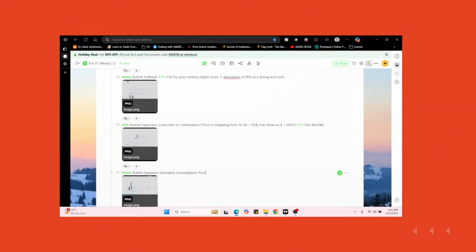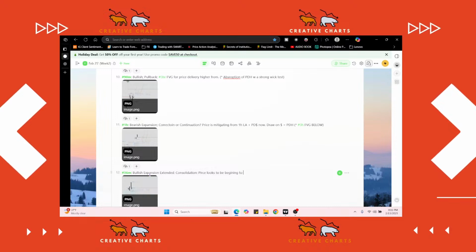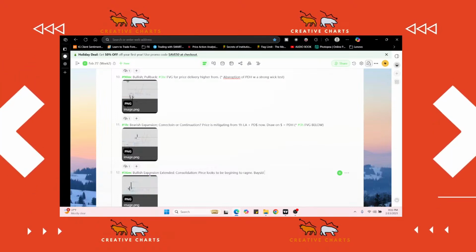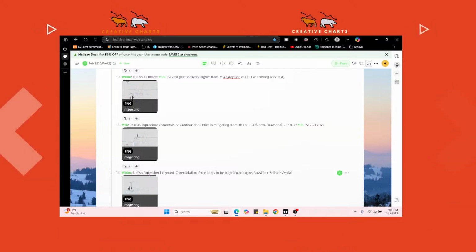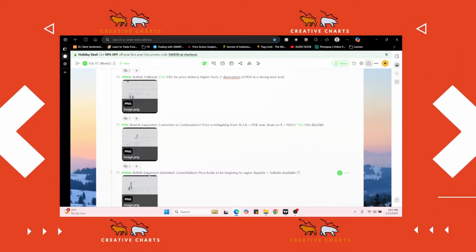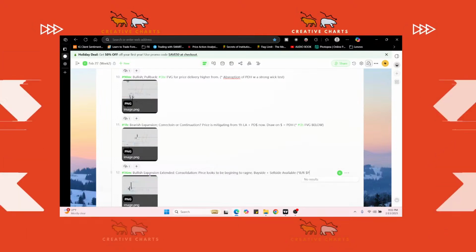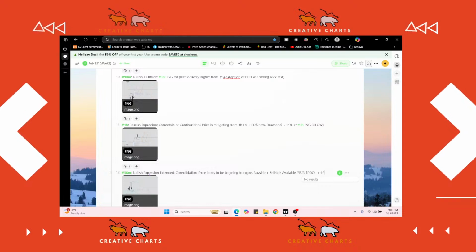Price looks to be beginning to range. Buy side plus sell side available. And then I would have to say BR or break retest pool is below, plus that 3 hour.